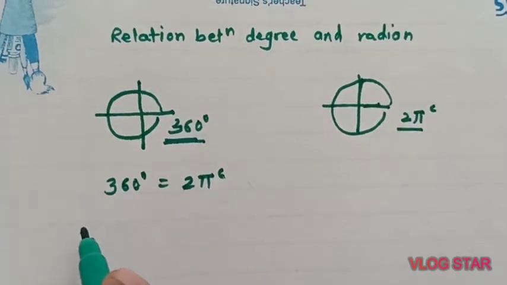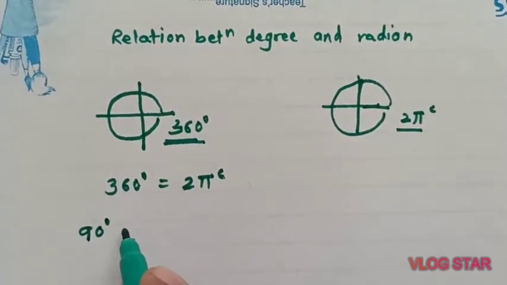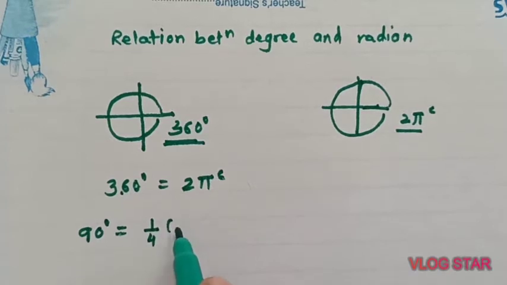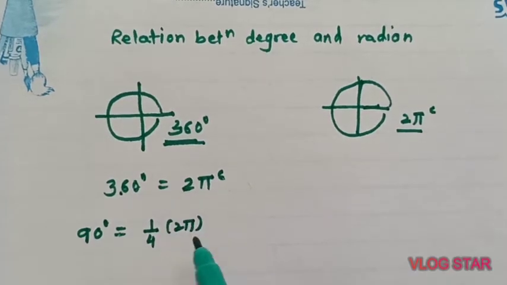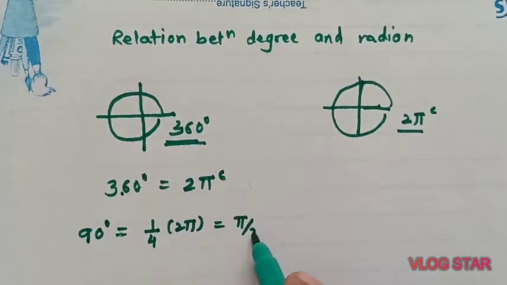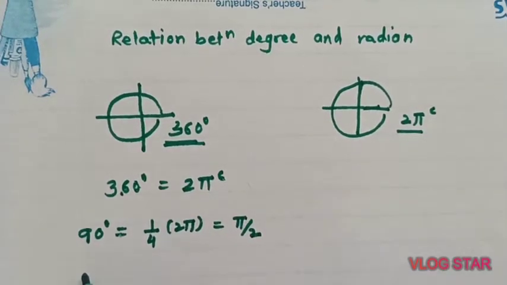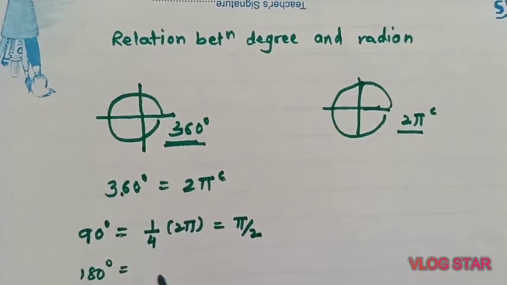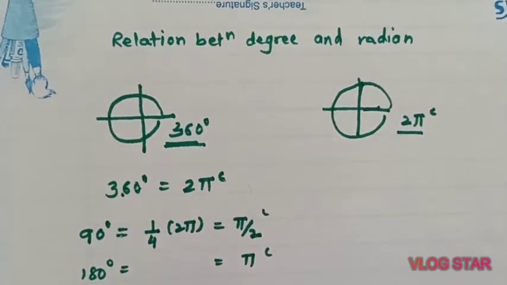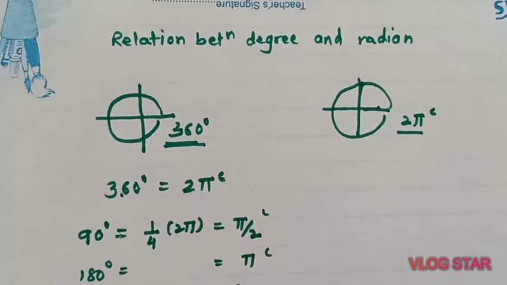So if you want 90 degrees, 90 degrees is 1/4 of 360. So 1/4 of 2 pi becomes pi by 2. So 180 degrees in radian is pi radian. 270 degrees is equivalent to 3 times pi by 2 radian.